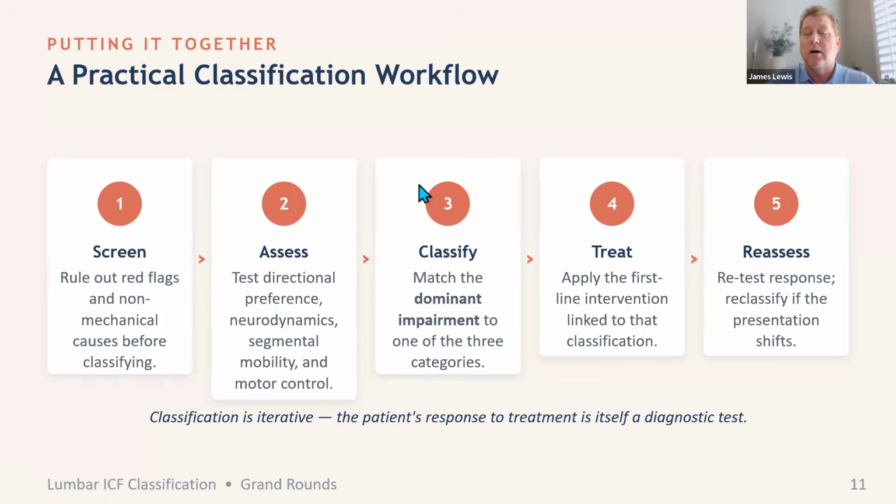You can have somebody in a hypomobile piece where they've got mobility deficits as their classification. And if you manipulate that deficit, free it up, now all of a sudden you reassess and they've got some motor control issues. Maybe they move into a movement coordination classification, and I'm going to start to do some stabilization exercises with them.